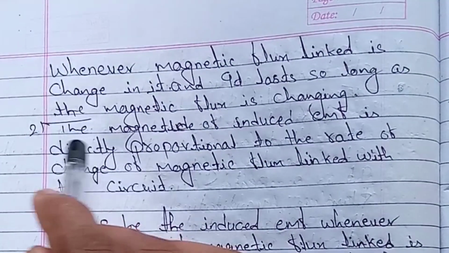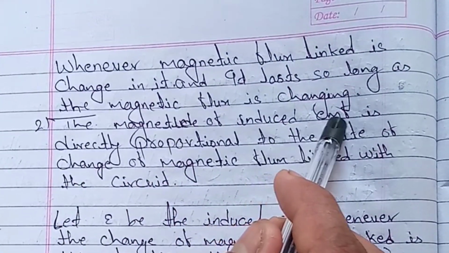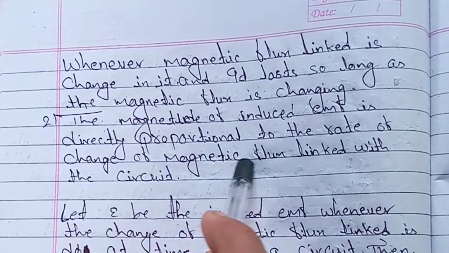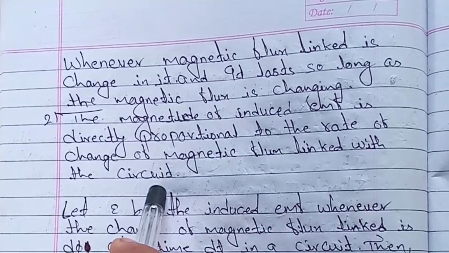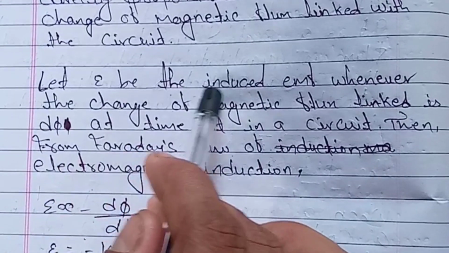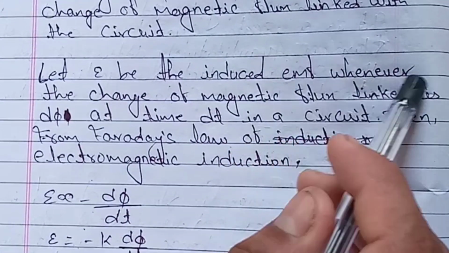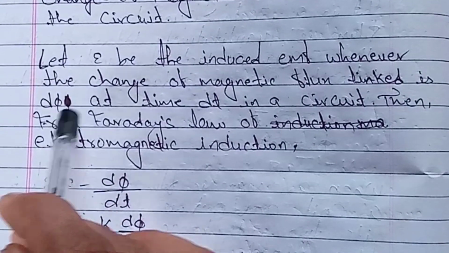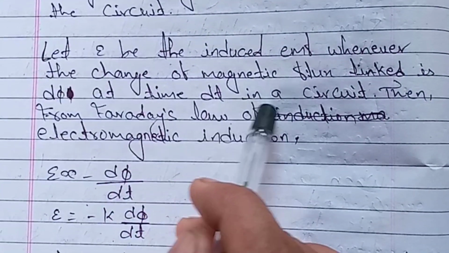Point 2: the magnitude of the induced electromotive force is directly proportional to the rate of change of magnetic flux linked with the circuit. Let E be the induced electromotive force when the change of magnetic flux linked is dφ in time dt in a circuit.